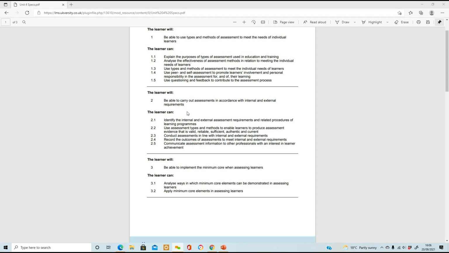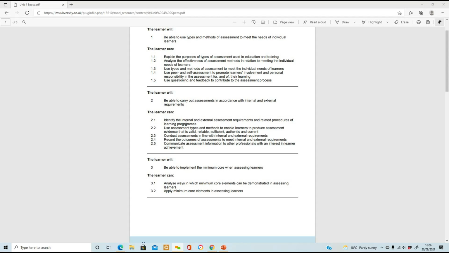So we've got 2.1, which is to identify the internal and external assessment requirements and related procedures of learning programs. 2.2, use assessment types and methods to enable learners to produce assessment evidence that is valid, reliable, sufficient, authentic, and current. 2.3 is to conduct assessments in line with internal and external requirements. 2.4, record the outcomes of assessments to meet internal and external requirements.